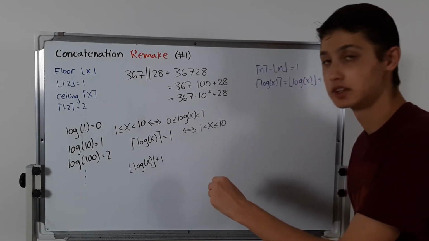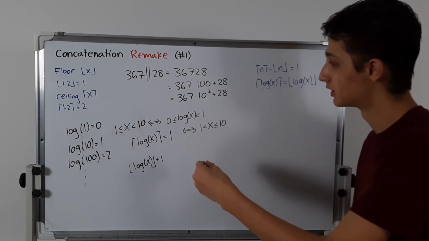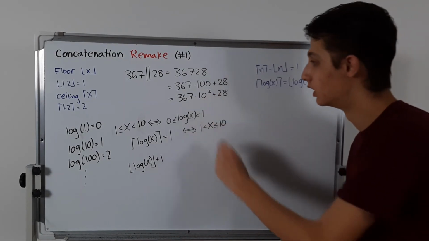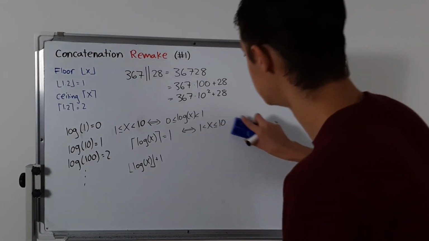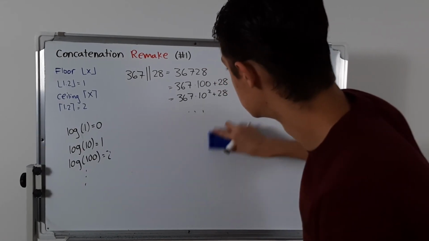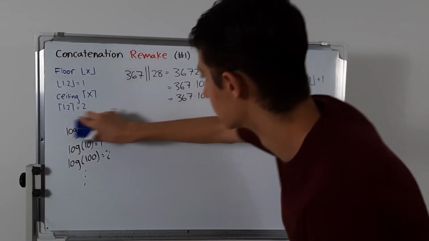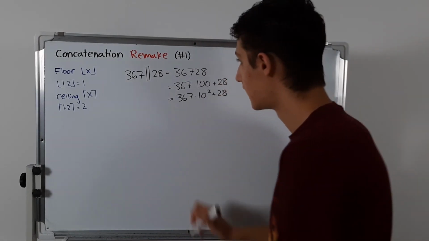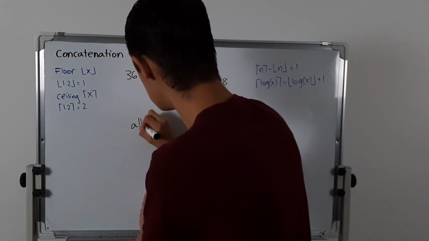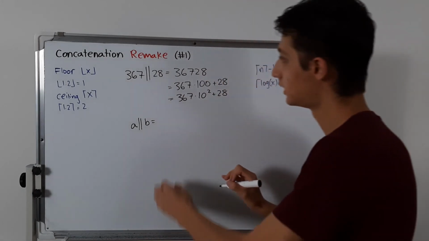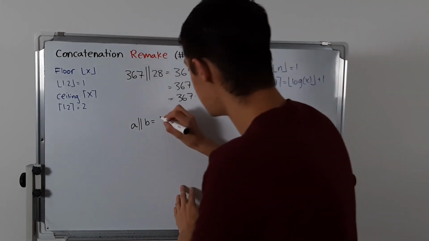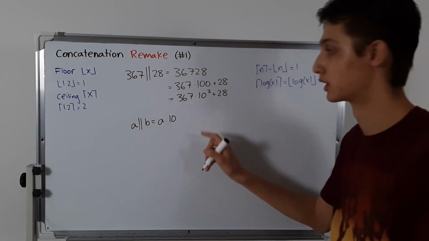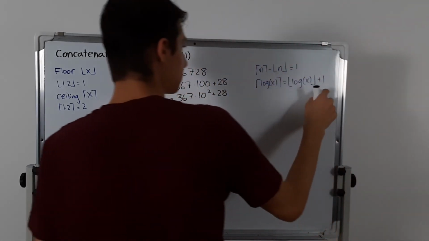So our expression to figure out the number of digits that a number has is going to be in the exponent. So in general, let me get rid of this. A concatenated with B is going to be, well, the first number, right? It's going to be A times 10 to our digit counting function, which is precisely this.